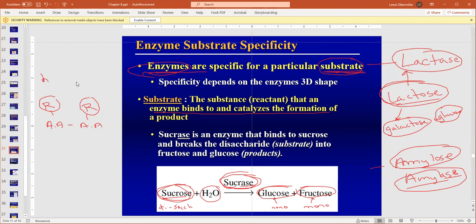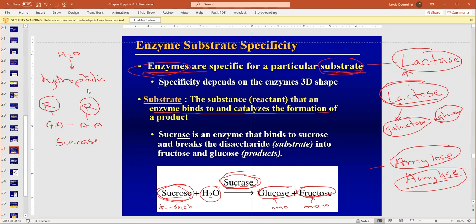We need water to make this reaction occur, so sucrase would have amino acids that are hydrophilic because it wants to bring water in to break the chemical bond in sucrose so that it releases it as glucose and fructose.